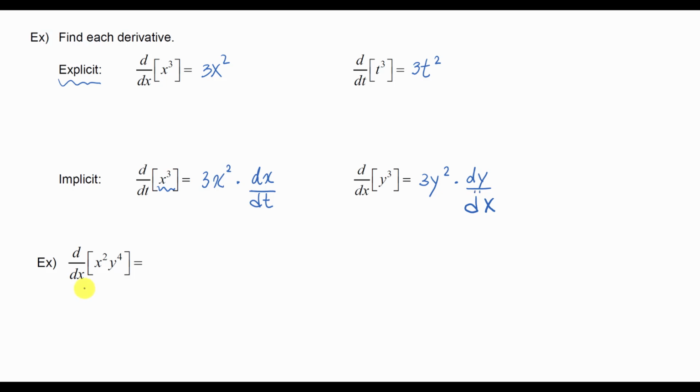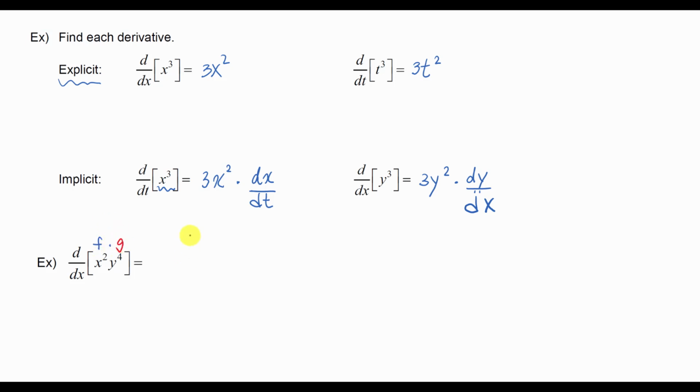So let's do one more practice. Let's say I'm taking the derivative of x squared y to the fourth with respect to x. So x is explicit, y is implicit. Y is a function of x. So you can use the product rule and the chain rule at the same time. Let's say you have f times g.